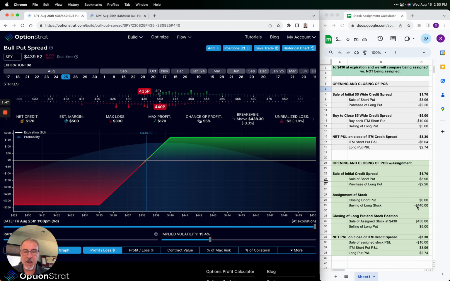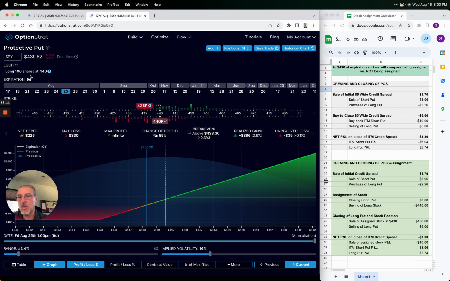The key point that I want to share here is that your risk is no higher once you got assigned, once you have 100 shares of stock, because this long put offsets it. And the more the market goes down all the way to 400, you're going to lose a massive amount in the long shares. You're going to lose $4,000 in your long shares of the stock.